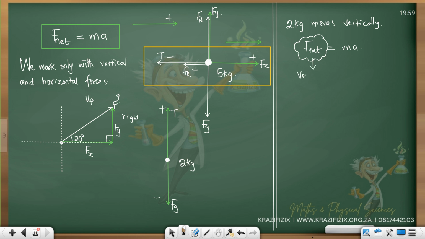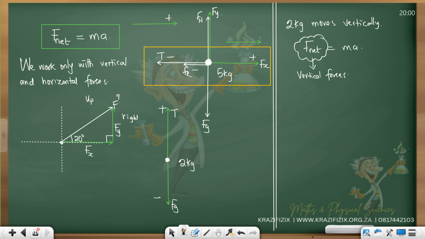These ones are going to be my vertical forces. Please take note. If the object is moving horizontally, my F net will be horizontal forces. If the object is moving vertically, my F net will be what? Vertical forces.